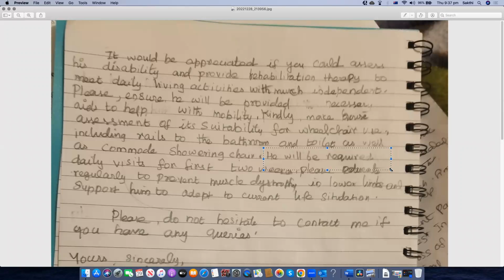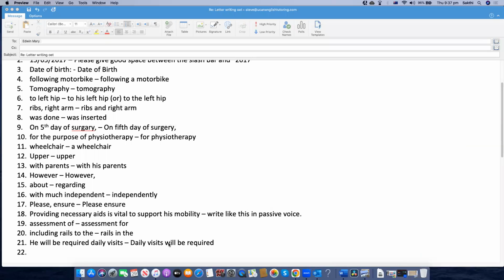The issue is that this is actually going to be a passive form. So "he will be required for his mother," for example, is not correct. It should be at least in the active voice. When you write the active voice, don't get confused with the passive form. You should say he will require. That's correct. That is fine, but the active voice is not recommended when we write.